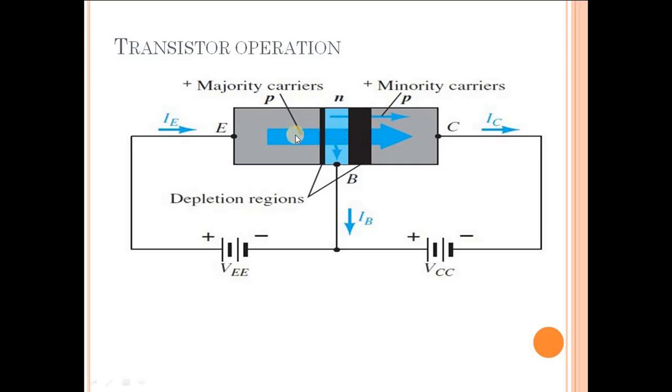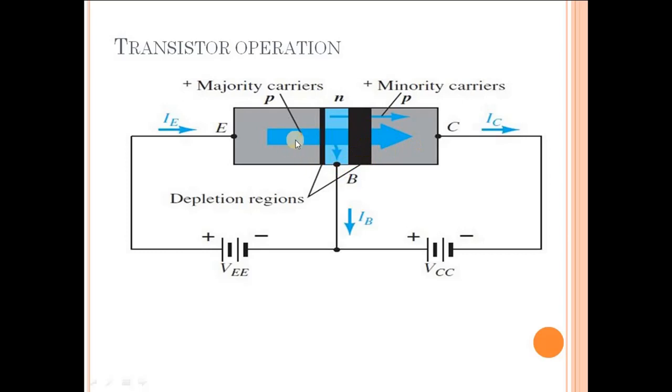So the large amount of majority holes which have moved over here in the N-type material will be treated as minority charge carriers, and due to this reverse bias, those minority holes, which are in large number coming from this layer to this layer, will be pushed to the P-type material due to the effect of the reverse bias across this PN junction.